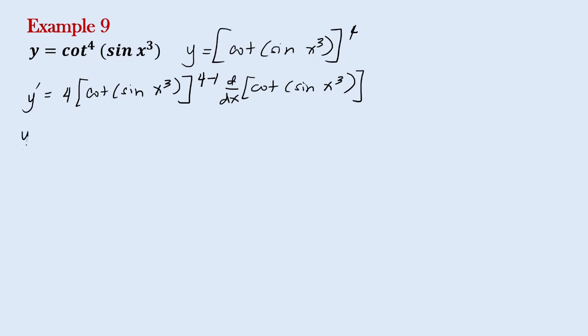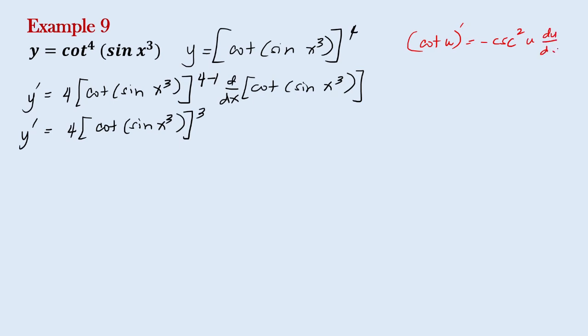So we have y prime would now be, let us just simplify this part, 4 cotangent of sine x cubed raised to 3. So we need to get the derivative now of cotangent and then sine. So remember that the derivative of cotangent u is equal to negative cosecant squared u du dx.